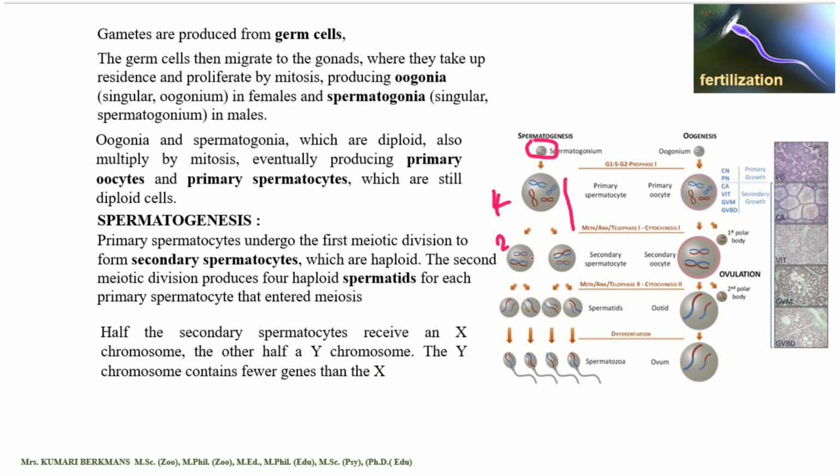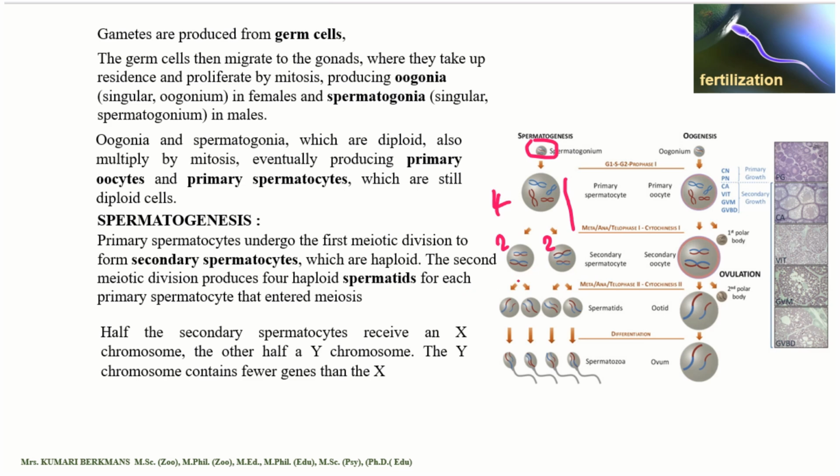These are the daughter cells. This daughter cell receives only 2 chromosomes and this daughter cell receives only 2 chromosomes, whereas the mother cell, the spermatogonium, consists of 4 chromosomes. So the reduction is taking place here. This division is called reduction division or meiosis. This is the first phase of meiosis.